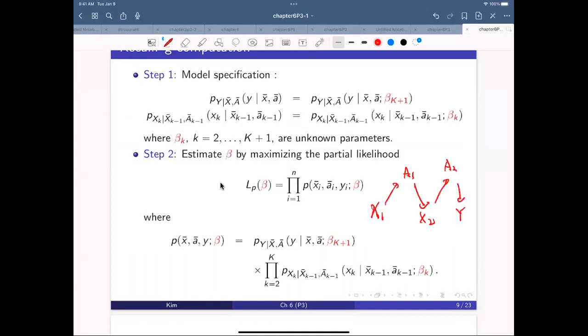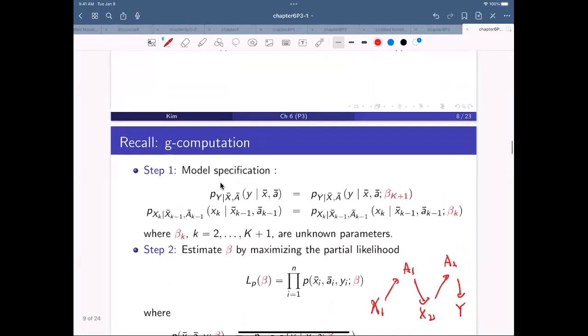If you use this, you can estimate the conditional distribution of x2 given x1 and a1. Same story here: the conditional expectation of y given x1, x2, a1, a2. So you can get this.